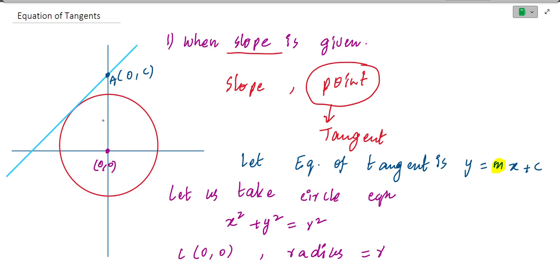So now I have to drop a foot of perpendicular from the center of the circle to the straight line. That is nothing but r, that should be equal to the radius of the circle r.